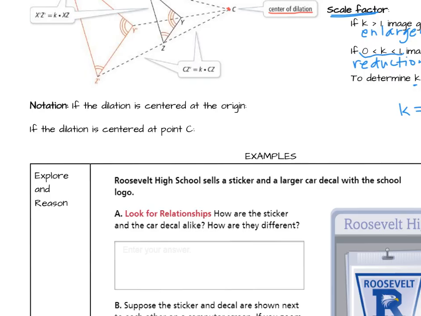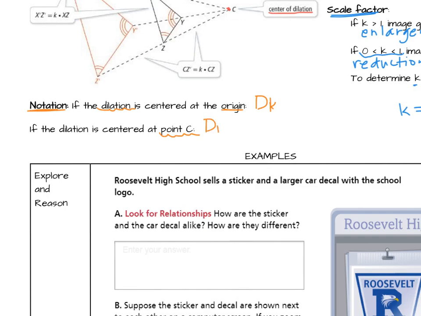One last thing to note is the notation. Similar to when we did reflections, rotations, and translations, if you have a dilation as your transformation, we're going to use the letter D. If you're on a graph and you're at 0, 0 at the origin, then all you need to do for your little sub number is include the scale factor, so include K. If the center of the dilation is somewhere else and we noted it as point C, then we use capital D for dilation, and it actually looks like an ordered pair.